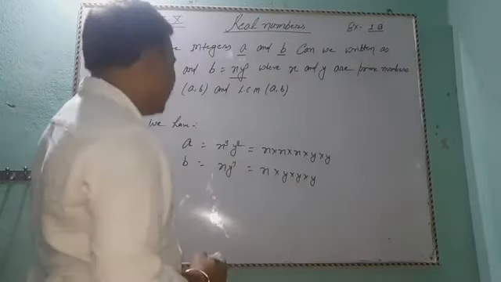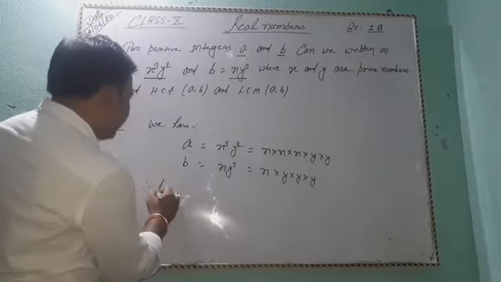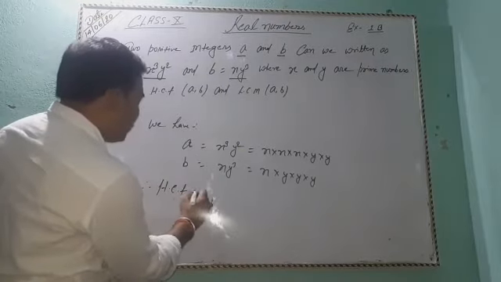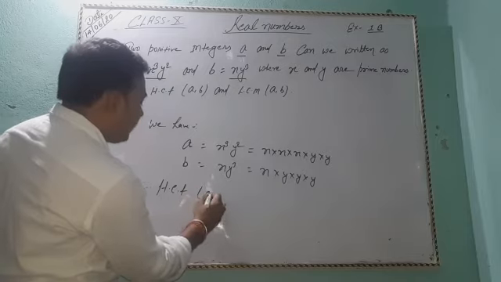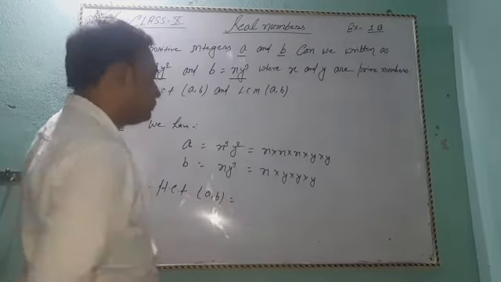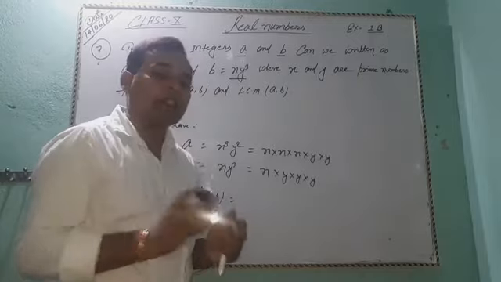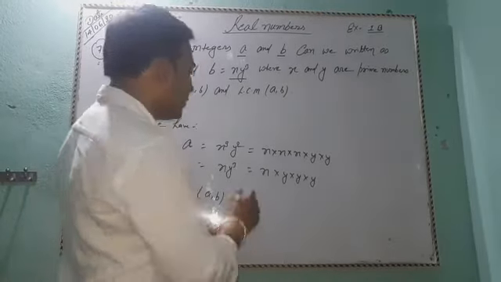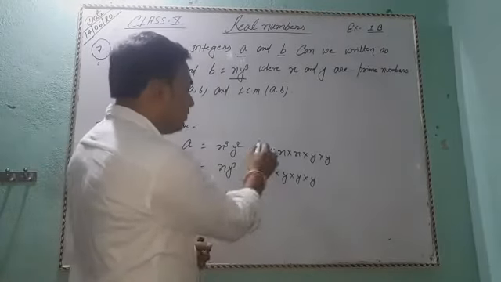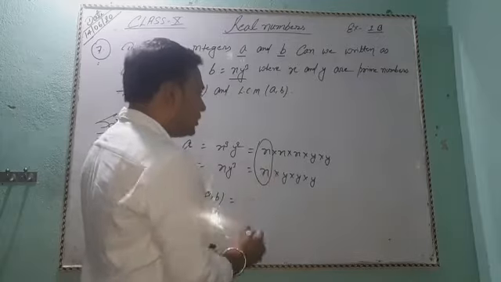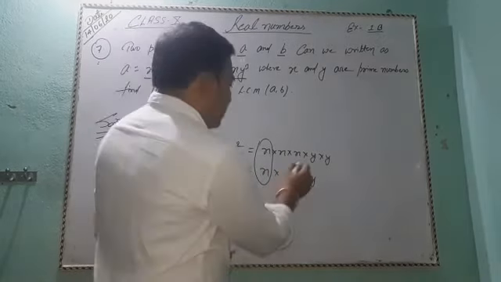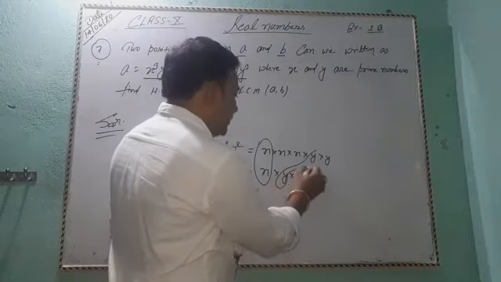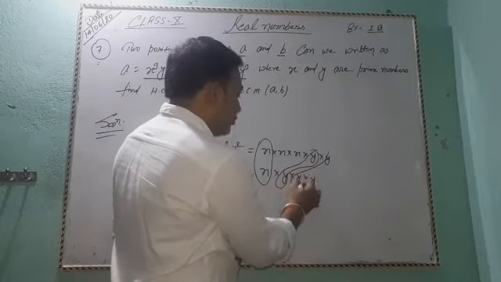Okay, so first of all, HCF of a, b equals the product of the common factors of a and b. So first x, and second is y and second is also y.